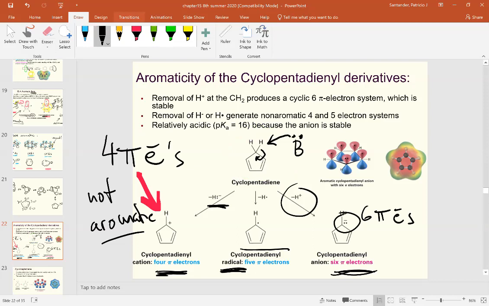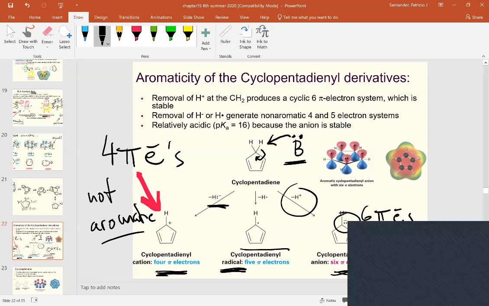How strong should that base be? Well, the strength of the base will depend on the stability of the anion that I am obtaining, right? Because I am obtaining an anion that is relatively stable, because it's aromatic, the strength of the base will not have to be so fantastic.